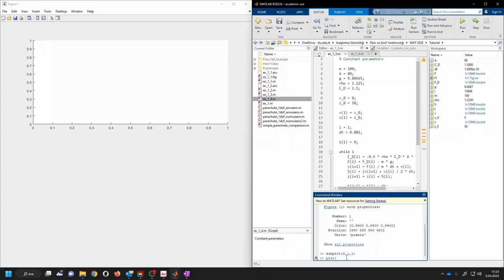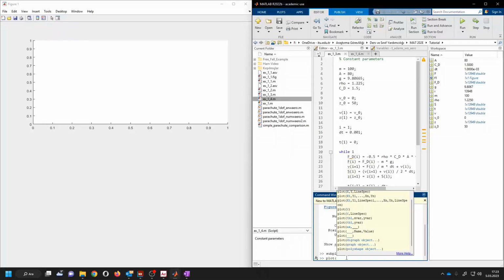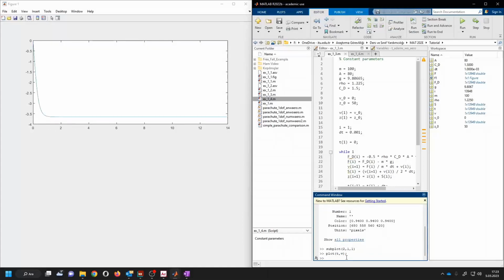Plot T and V. I will only plot the velocity values, not the positions, for this comparison.